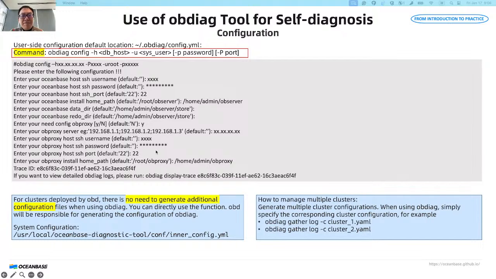Please note that for a cluster deployed by OBD, there is no need to generate additional configuration files when using obdiag. You can directly use the function. OBD will be responsible for generating the configuration of obdiag. If we want to manage multiple clusters, you need to generate multiple cluster configurations. When using obdiag, simply specify the corresponding cluster configuration.